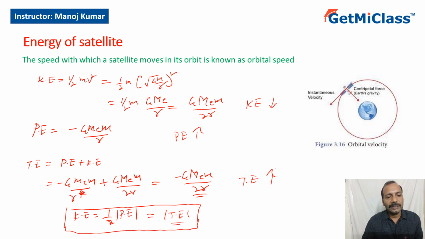One of the biggest confusions that students encounter is how the energy changes. So keep in mind the negative signs: if r increases, the value increases, even though it is in the denominator, because of the negative sign. If it is a positive value and r increases, the value decreases. That is the reason why kinetic energy decreases, potential energy increases, and total energy increases. Hope that is clear to you.